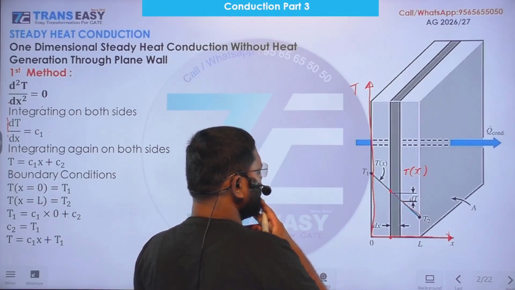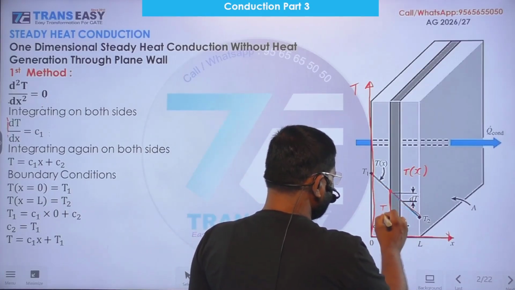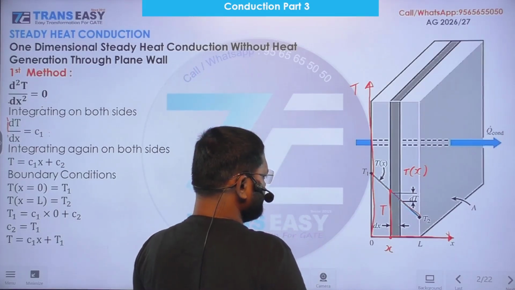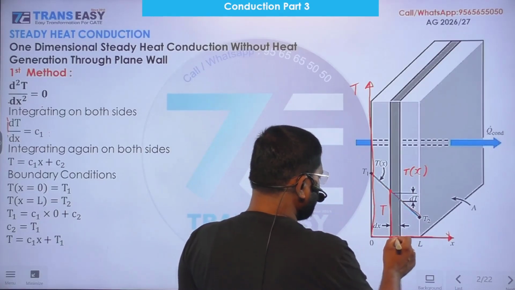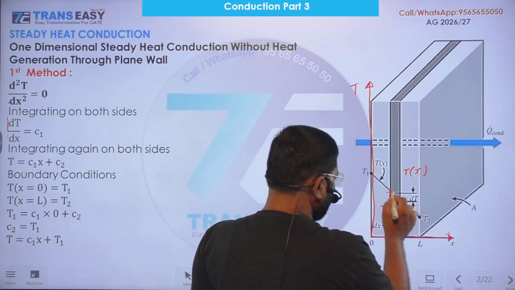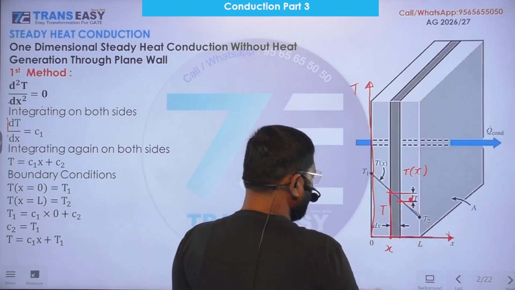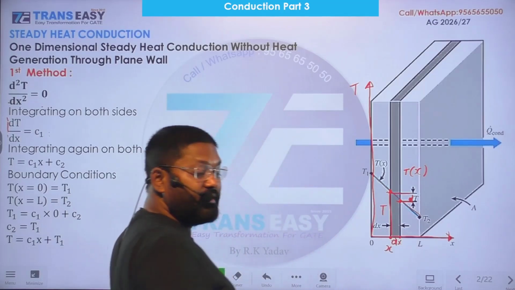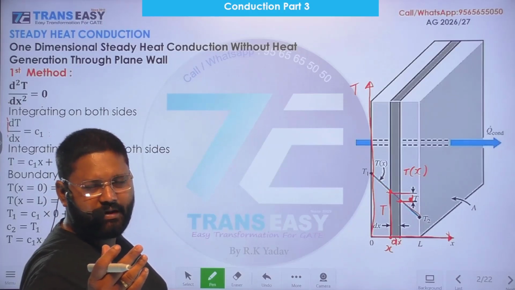At x, this is T. Move by distance dx. So this is the final temperature. This minus this is the change in temperature dT. So in dx length, temperature is changing. Temperature is a function of x.